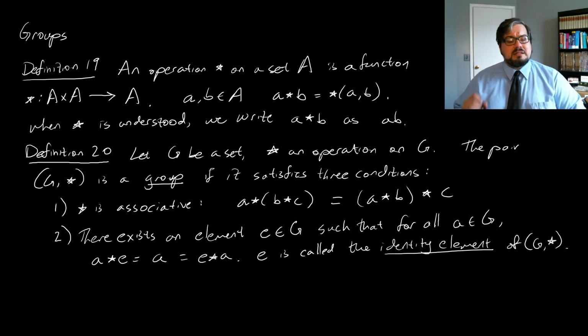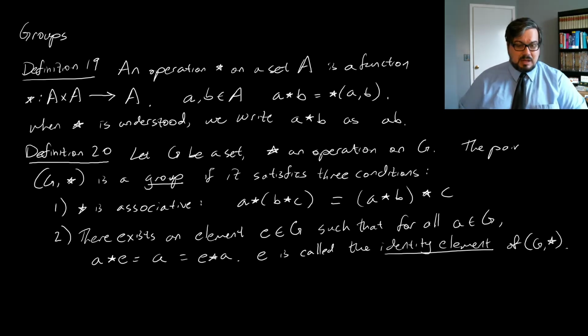Notice also that I specified that we get a back no matter what order we operate in. The group operation star does not have to be commutative. So it could matter the order that you operate in. So a star b does not have to be the same as b star a, generally.